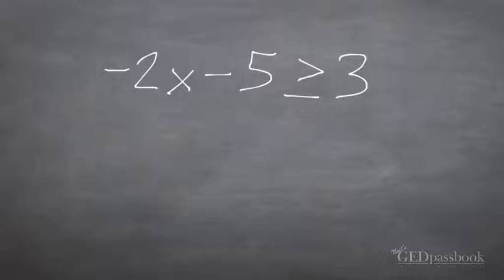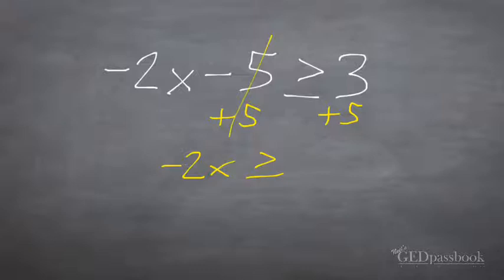What do we do? Remember, treat this as if you would an equal sign, right? So you add 5, negative 2x. What's 3 plus 5? 8. Now what do we do?